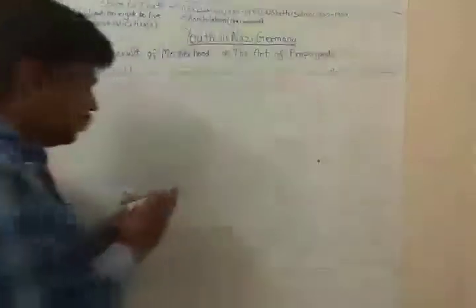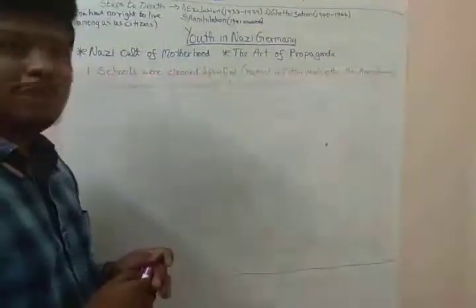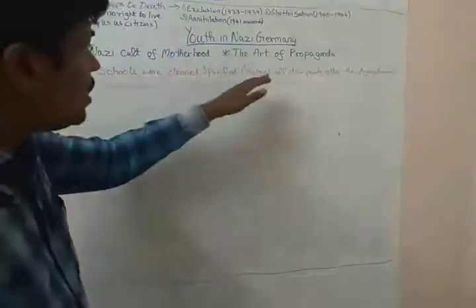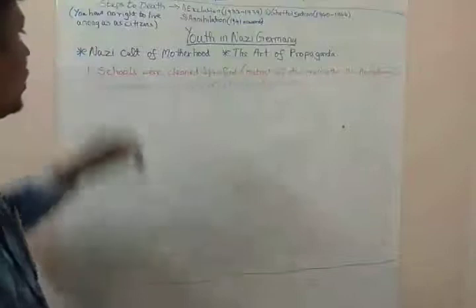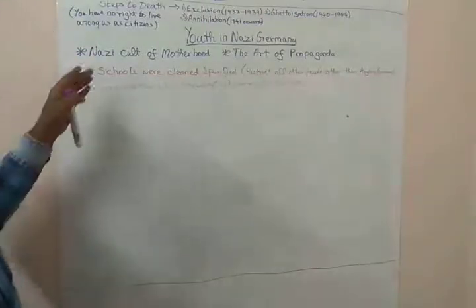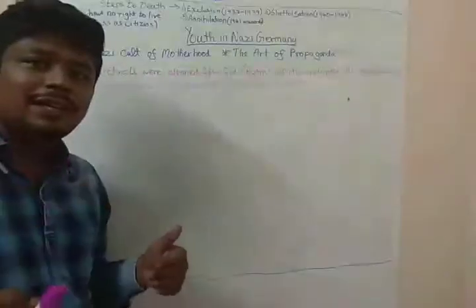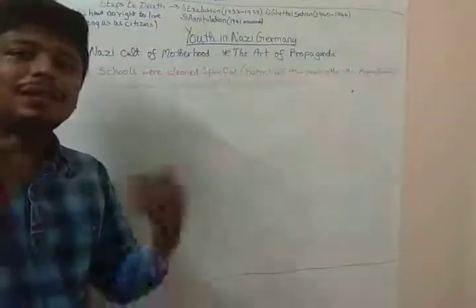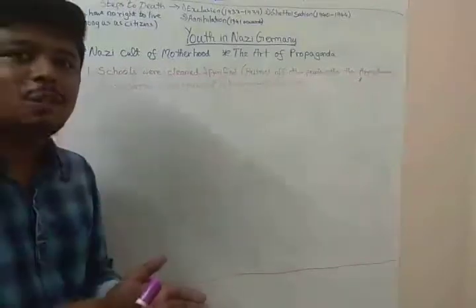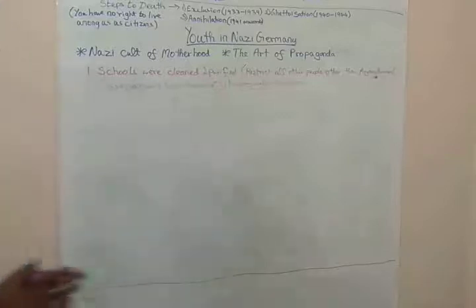Other people means whom? I told you, these gypsies and Jews. Those people were not even allowed to sit near the German children. This is the main first thing. And in schools, teachers will be teaching you and you will be learning, right? So here, how the education system was transformed by Hitler, that's what we are going to see now.